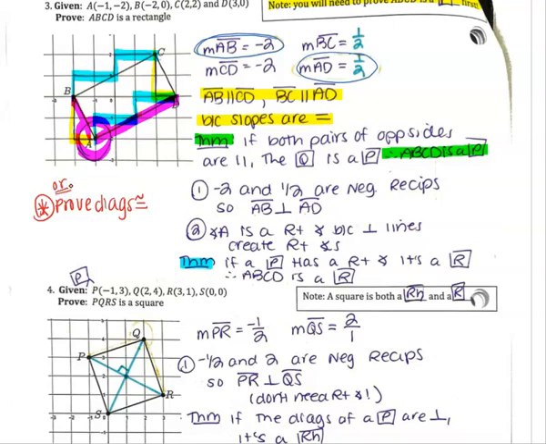Again, probably wouldn't be my first choice. I think it's so much easier just to use the slopes and prove a right angle. But hey, if you wanted to do distance formula or Pythagorean theorem to talk about these distances, I guess in this way you could count that distance and then you'd have to get it to match the other way. Totally an option, just not something that I personally would do, but it is correct.